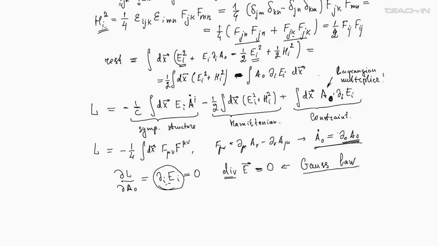Now look at the Hamiltonian. This is ei squared plus hi squared. So what is this?